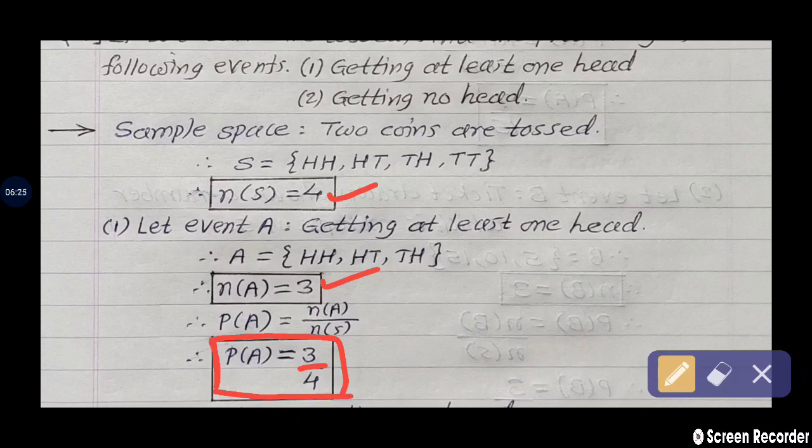Now the second event given is getting no head. No head is required, so from the sample space we don't want a head in any sample point. So only one is there, that is TT. No head is present in the sample point, so we get one sample point only.